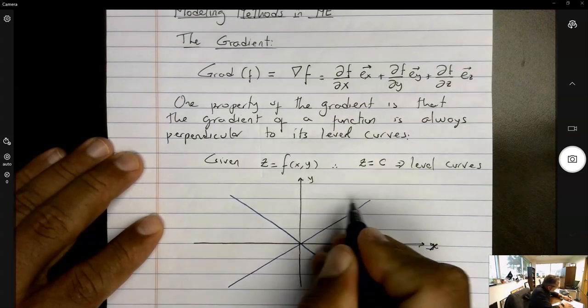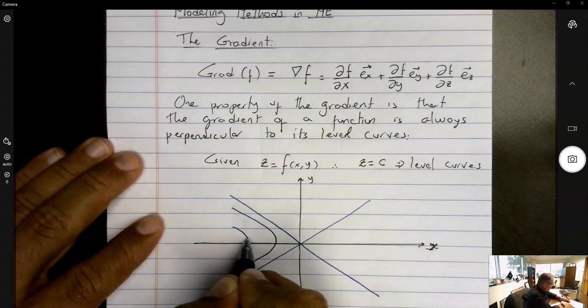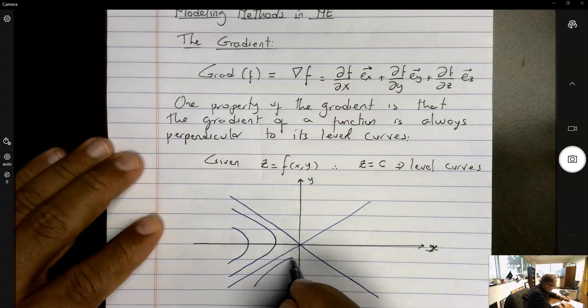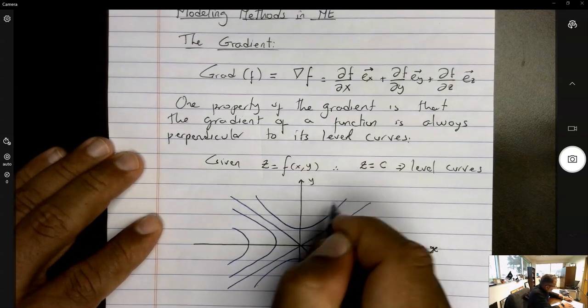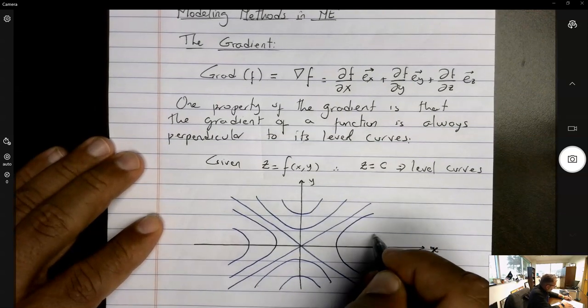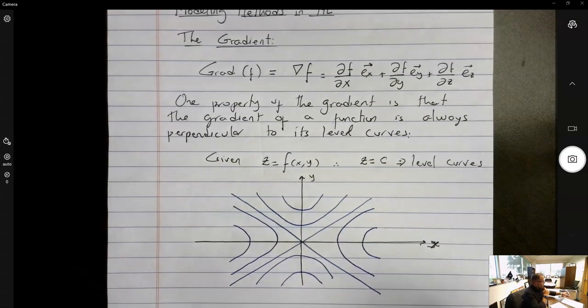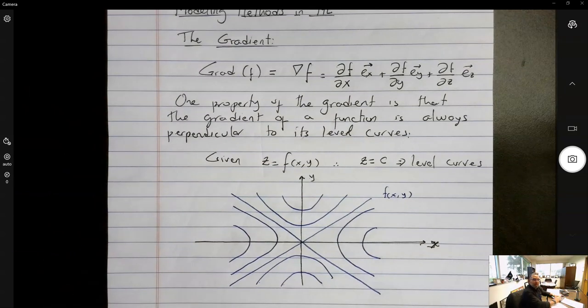So the level curves of the function f, if it's a hyperbolic paraboloid, would look something like this. What we call the isocontours of f. So this is f of x and y projected into the xy plane.